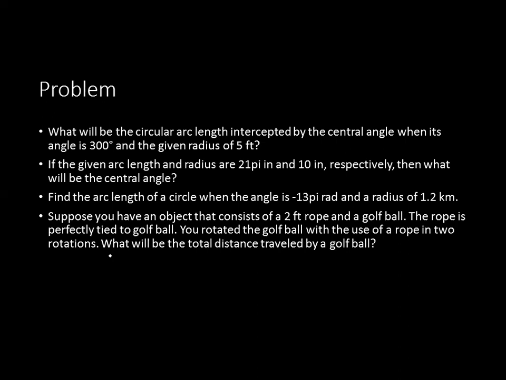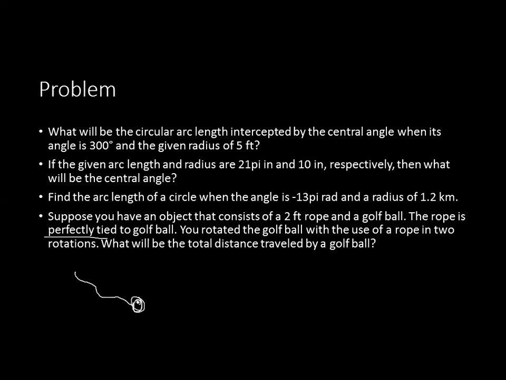Wait, is it perfectly tied? Is it tight? I am not sure if this is correct. What I'm trying to point out, by the way, I could be wrong in the way I explain or describe it in English. This is the rope, and then there's a ball.